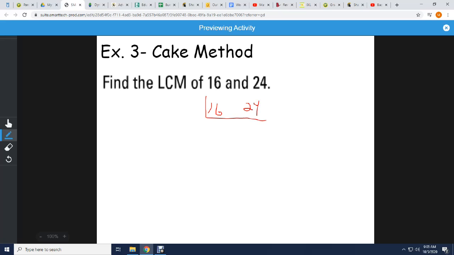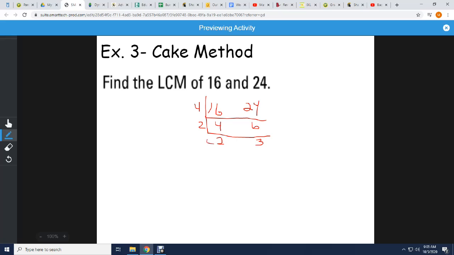And again, for me, the first thing that I see is the 4 that comes out. 16 divided by 4 is 4. 24 divided by 4 is 6. Oh, they're still both even, so I can do another layer of cake here, which is good. 2. 4 divided by 2 is 2.